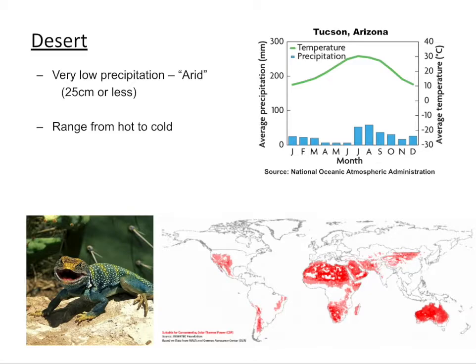Are deserts hot? Well, many of them are, but not all of them. They could be hot, and we also have deserts that are very cold as well. So the thing that makes a desert is that very low rainfall.